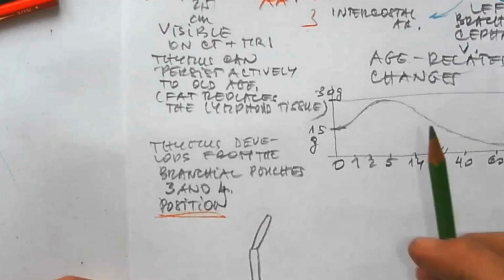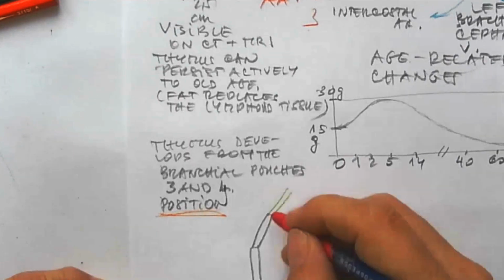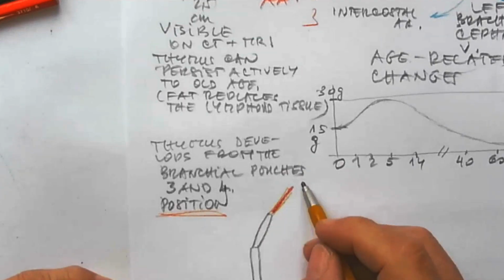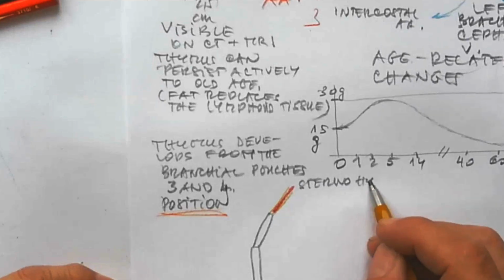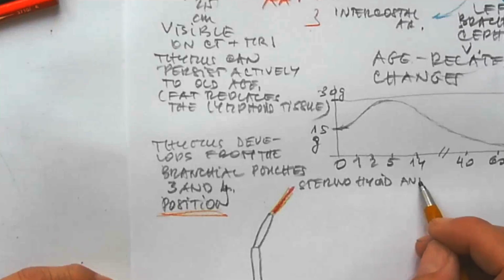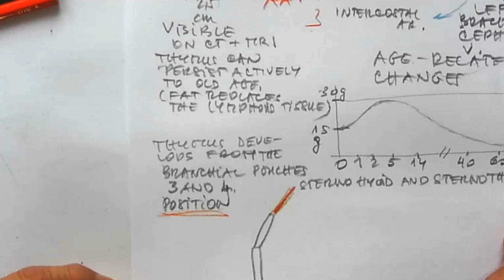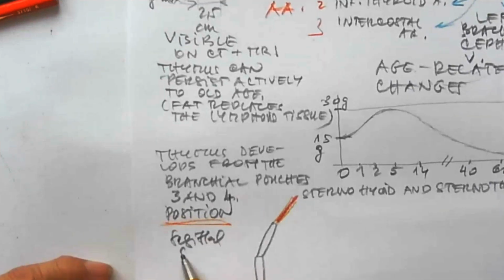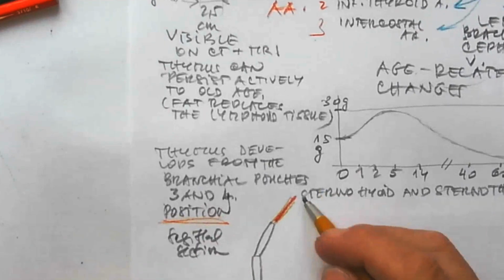First of all, drawing two muscles, the sternohyoid and sternothyroid, for better orientation on the sagittal section.